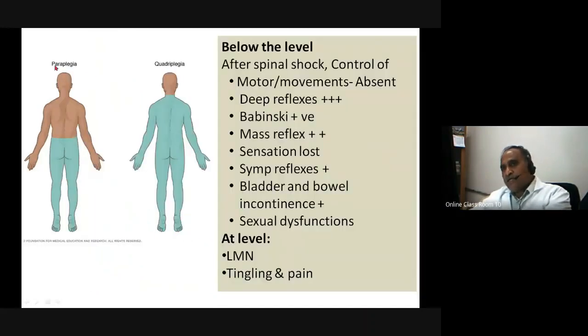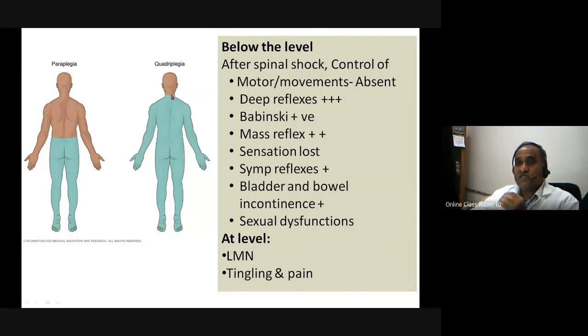Now what happens in either of these conditions, whether quadriplegia or paraplegia? Before I mention that, regarding quadriplegia, for lesions above C4, say for example at C3 or C2, the diaphragm and all the respiratory muscles are paralyzed.